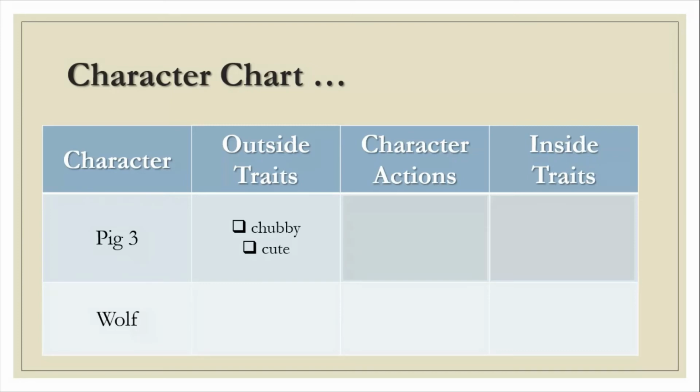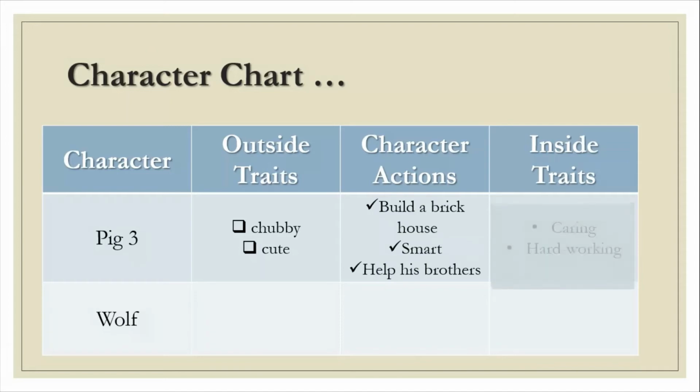So, what are his actions, okay? So, we're going to look at his actions to then decide what are his inside traits, okay? Okay, well, he built a brick house, right? He was very smart and he also helped his brothers, right? So these are his actions.